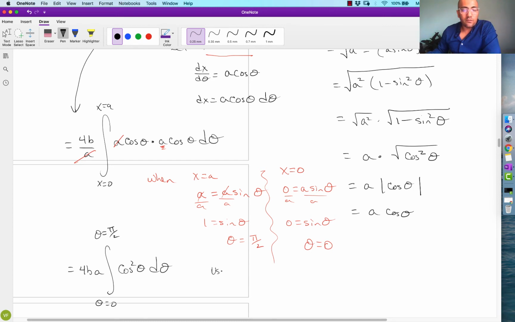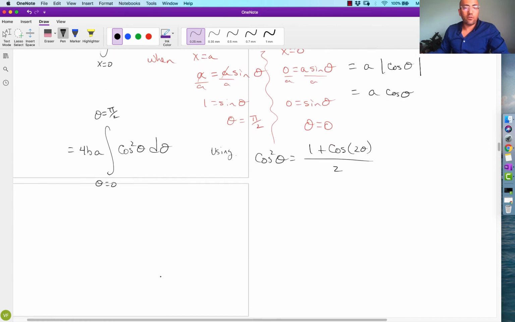So using the fact that cosine squared theta is equal to (1 plus cosine of 2 theta) over 2, we're going to use this as one of our trigonometric identities to replace that, and that'll help us find the integral of it.